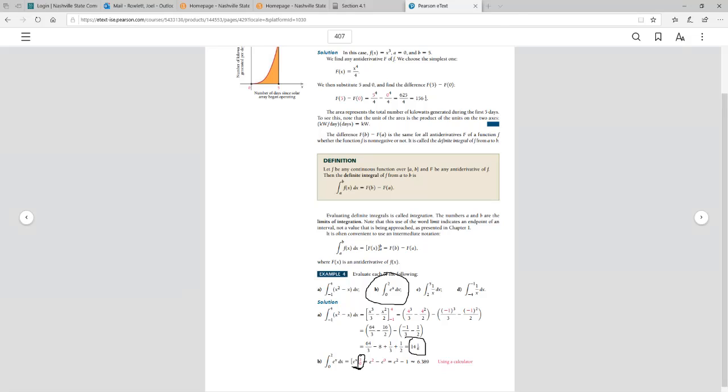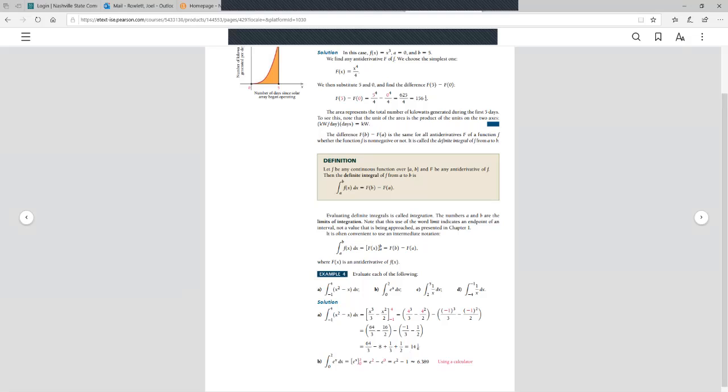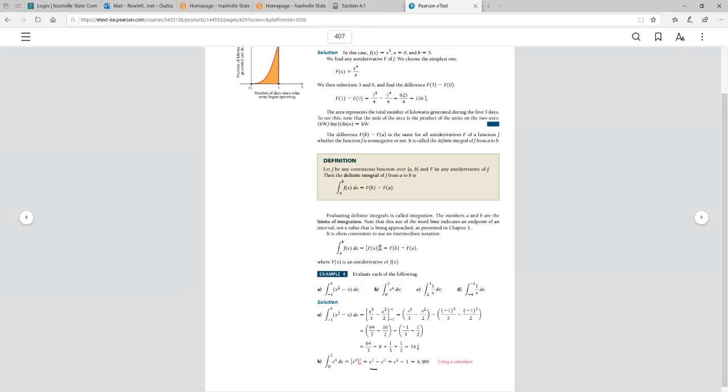And then we have to do capital F of 2 minus capital F of 0. Well, that's just going to be e to the 2 minus e to the 0. And any number to the power of 0 is 1. And if you subtract capital F of 2 minus capital F of 0, that gives me 6.389. What does that mean?